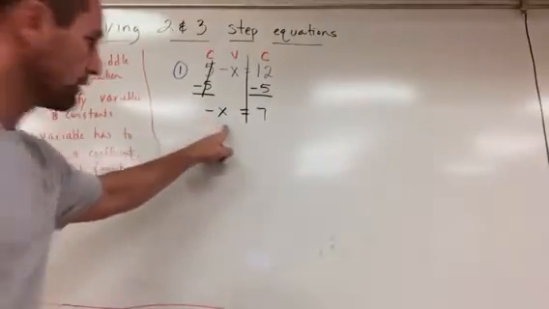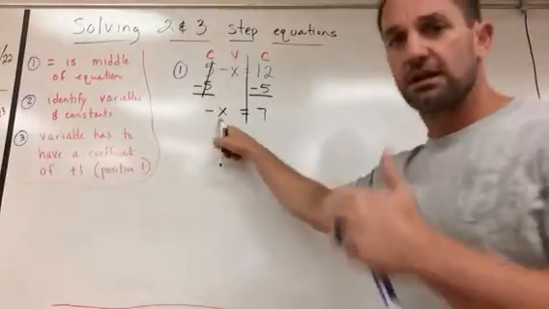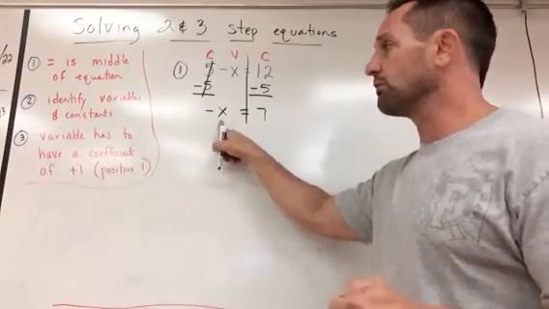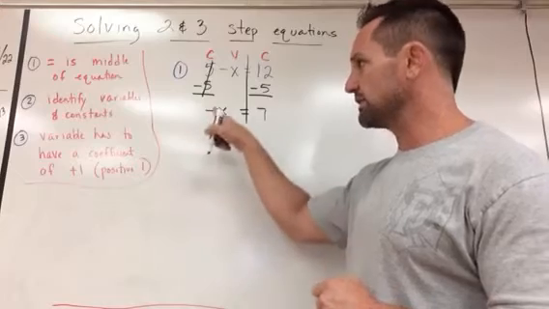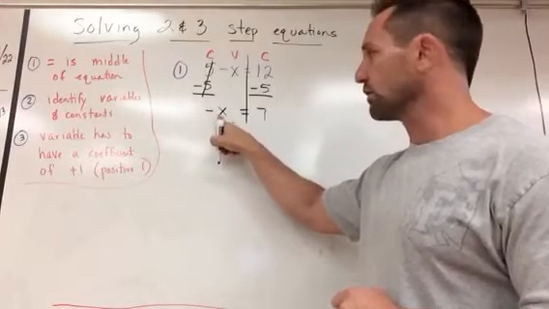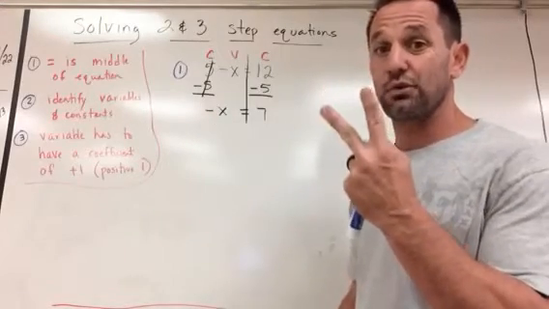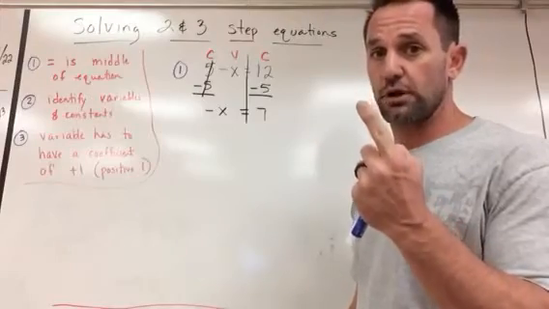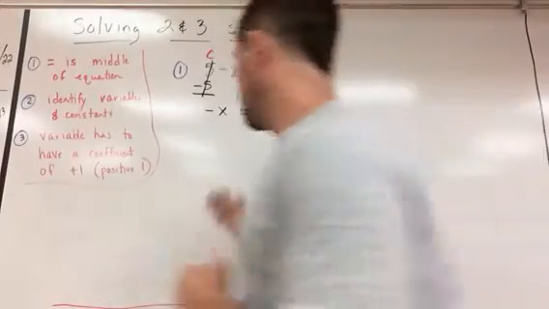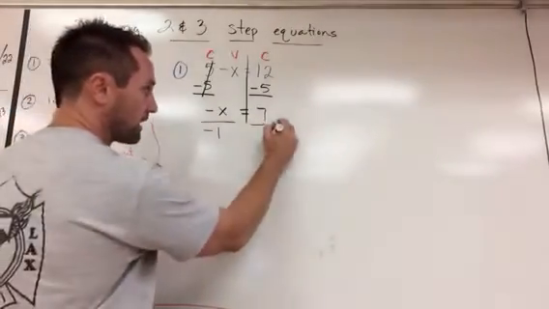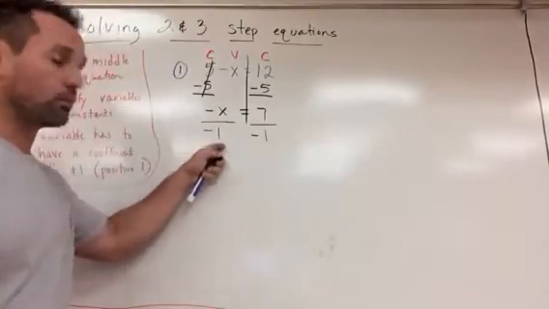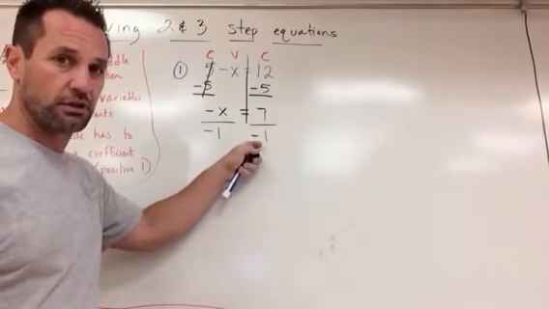I would look at that and say, hey, I have an x, I'm done. But you have to remember, our variable has to have a coefficient of positive 1. So how can we take a negative x and turn it positive? There are 2 ways. The first way is to divide by negative 1 on both sides, because whatever you do to one side of the equal sign, you have to do to the other.